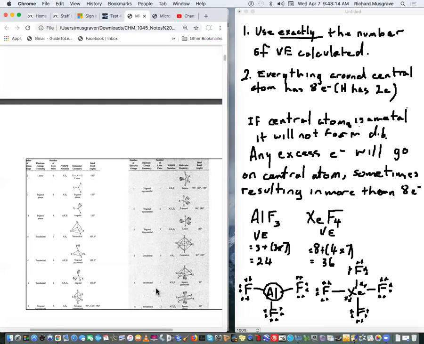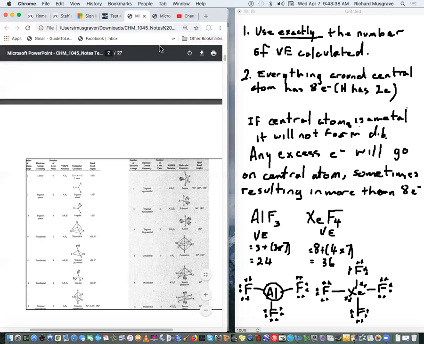In my experience, students are notoriously bad at remembering the names of geometric shapes, so I don't force that. It's not really what I'm testing anyway, your memory of geometric shapes, but it's just something I have noticed over the years, that people don't tend to like geometry a great deal. Let me stop sharing that.